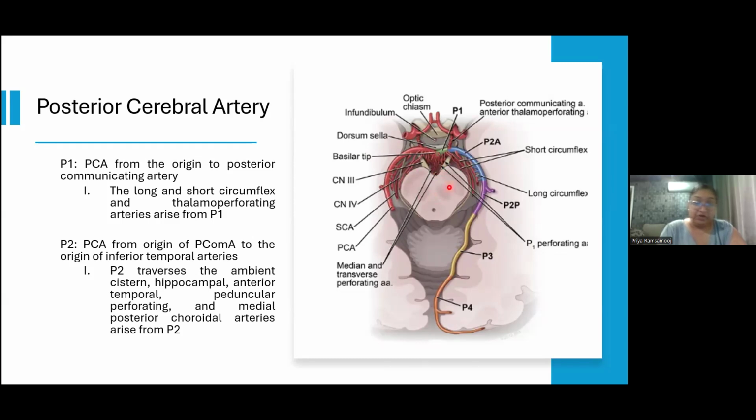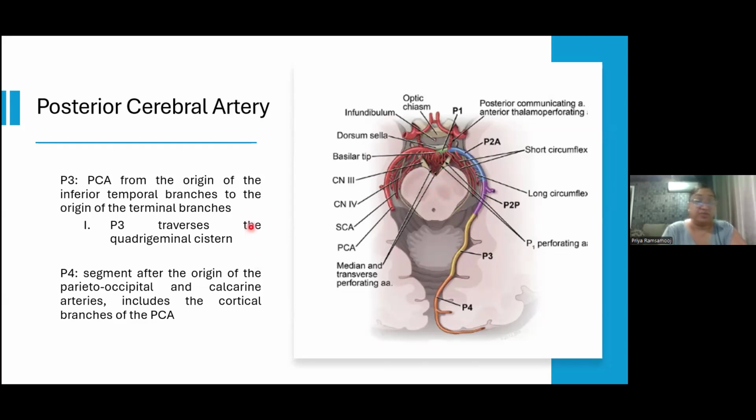P2, origin from PCOM to the inferior temporal, and it traverses the ambient cistern, giving hippocampal, anterior temporal, and peduncular branches, as well as medial posterior choroidal arteries arising from here.